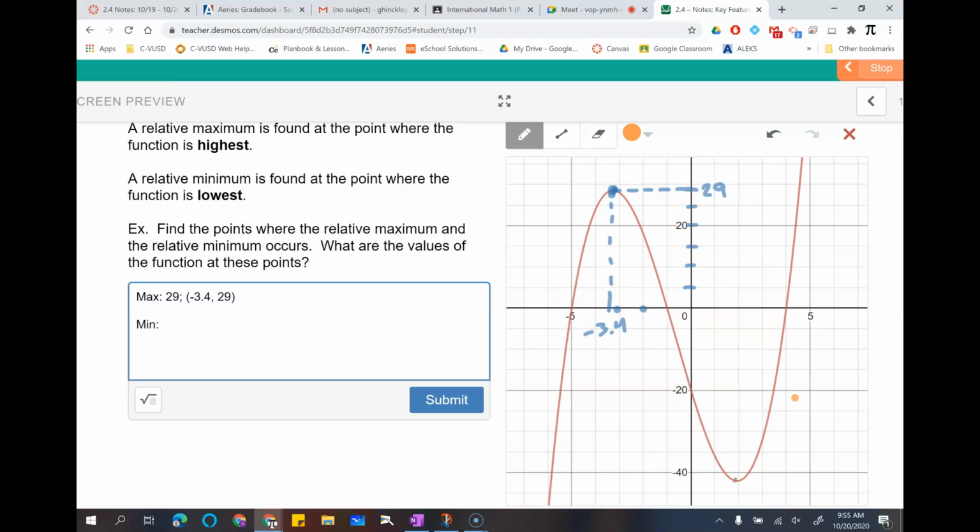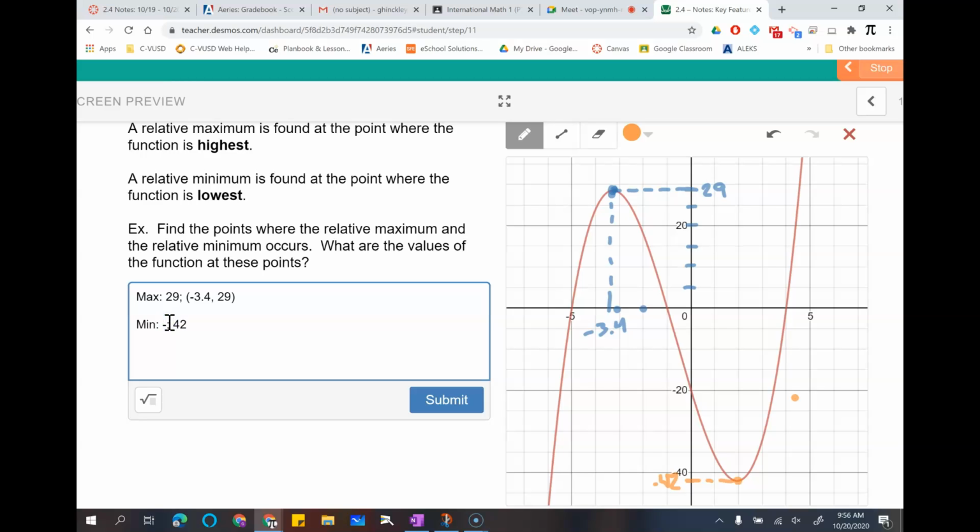So down to my minimum value down here, I come over to my y-axis to find my value. Again, that's going by 5, so that'd be 40. That's 45, so I'd say probably around 42, so maybe negative 42 as my minimum value, negative 42 about.